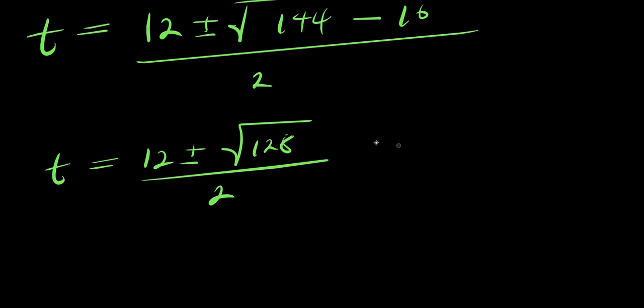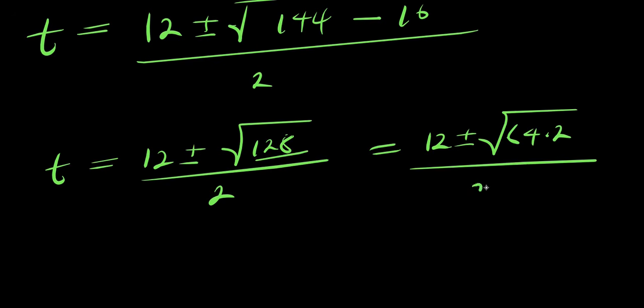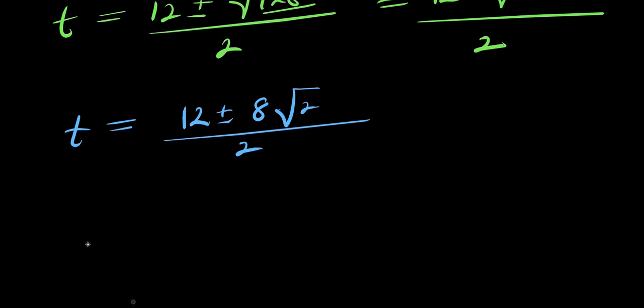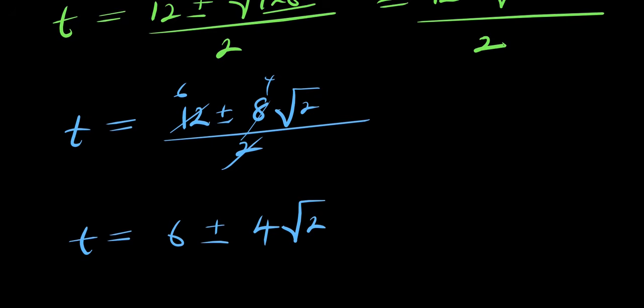We can express 128 as 64 times 2. So from here, you have t equals 12 plus or minus square root of 64, that is 8, times root 2, divided by 2. From here, this cancels this, 6 and 4. You have 6 plus or minus 4 times root 2.